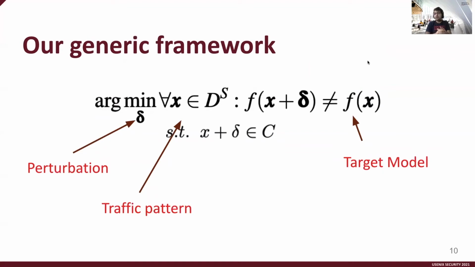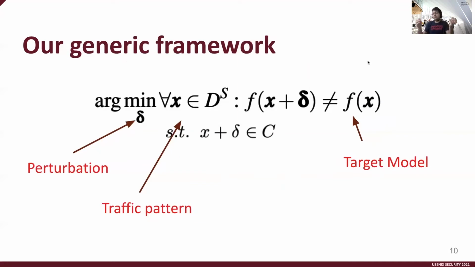The goal is to find the smallest perturbation such that for every input, which is like traffic flows, the output of the target model will be different when you apply the perturbation compared to when you don't apply the perturbation.